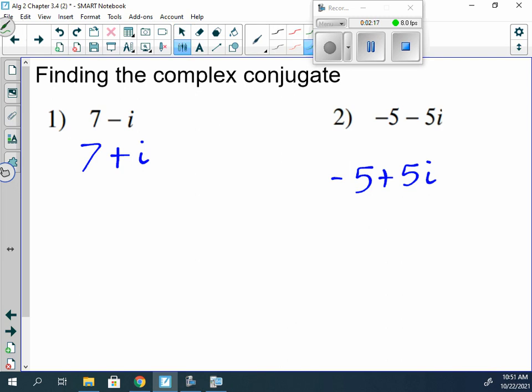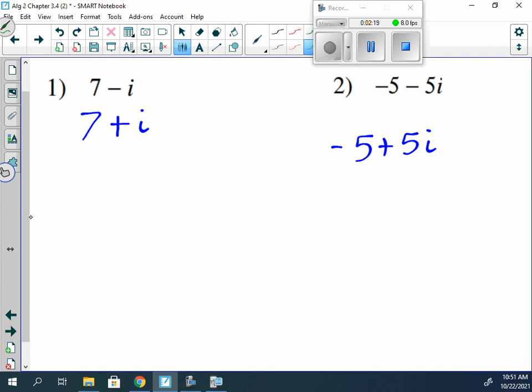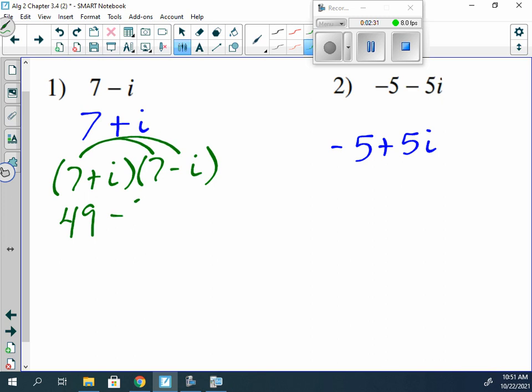Now, what is interesting with these conjugates is if we multiply them together. If we take 7 plus i and multiply by 7 minus i, let's see what we get. Well, 7 times 7 would be? 7 times negative i would be negative 7i. i times 7 would be plus 7i, and i times negative i would be negative i squared.